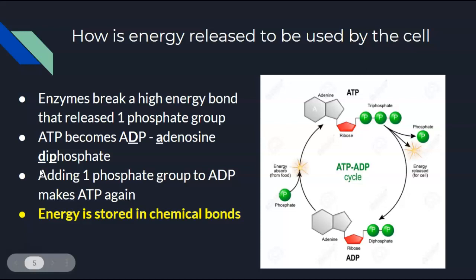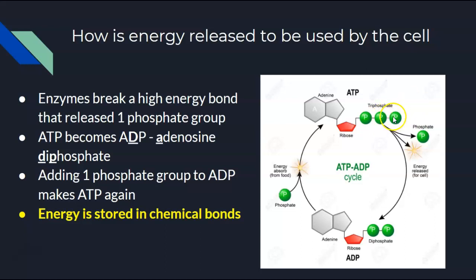So how is energy released? I sort of just mentioned this, but let's talk about it a little bit more in depth. So enzymes, our buddies enzymes, right? The proteins that speed up chemical reactions, break that high energy bond between the 2nd and 3rd phosphate. When they break that bond, the phosphate is released into the body.